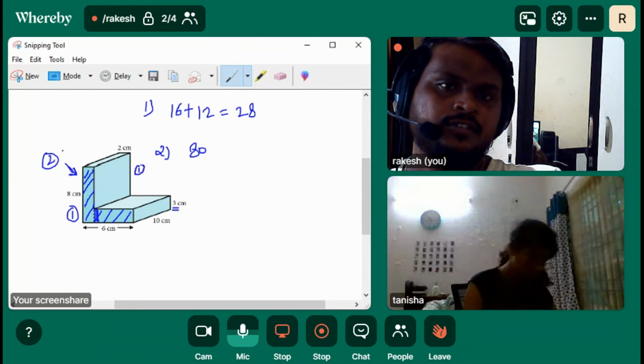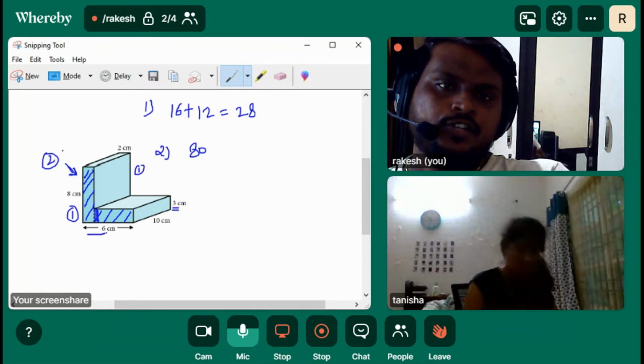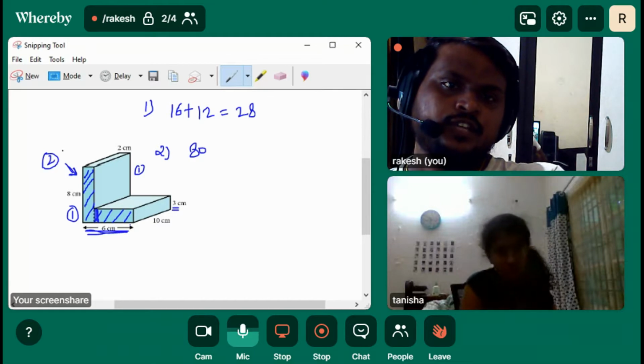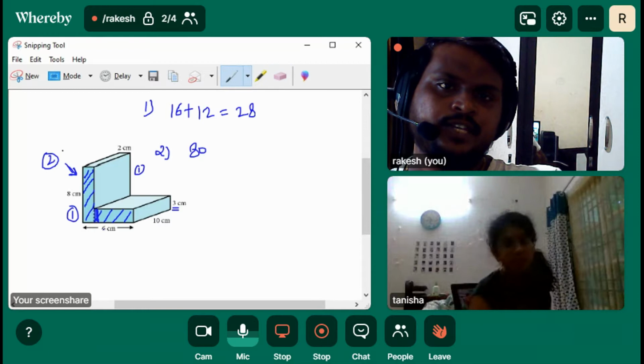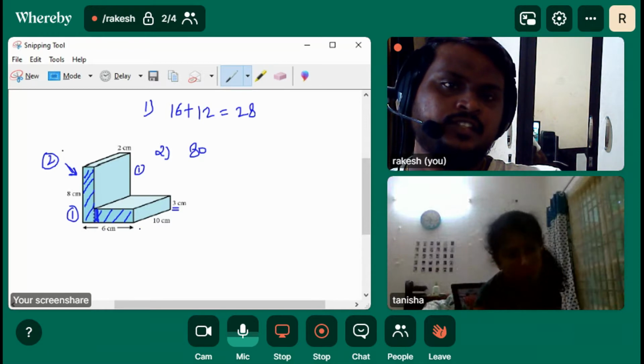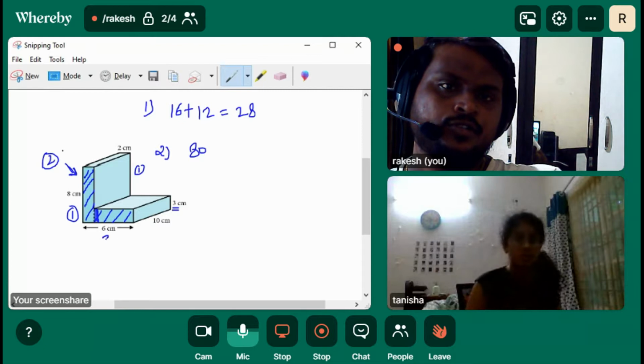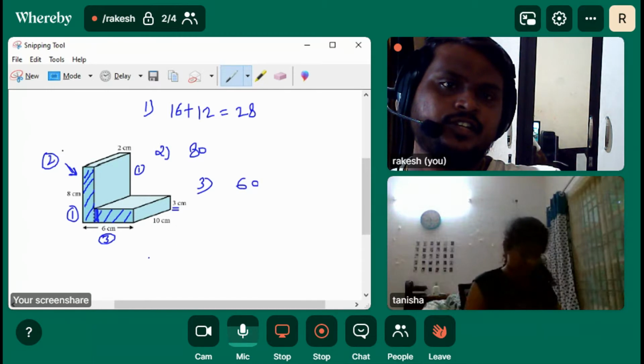Okay, what is the base here? The base is also a rectangle of length 10 centimeter and width 6 centimeter. Let me put that as 3. So 3 is equal to 60, isn't it? And there is no repetition.